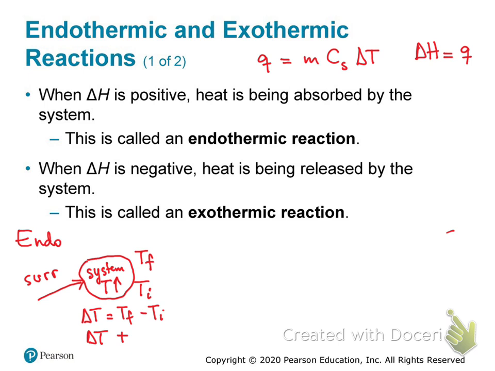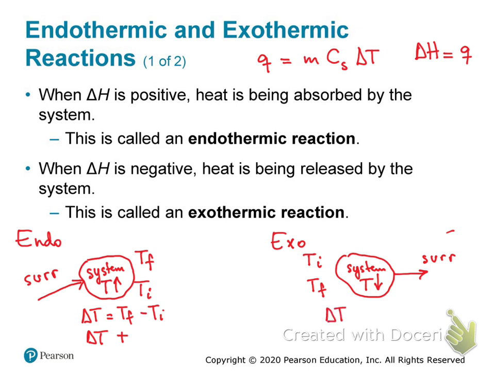Let's now look at an exothermic process, what is happening there. So we have the system losing energy to the surroundings. And the temperature of the system, therefore, drops. And that means that the system has an initial temperature that is actually higher than the final. But when I'm calculating delta T, again, I have to do TF minus TI.